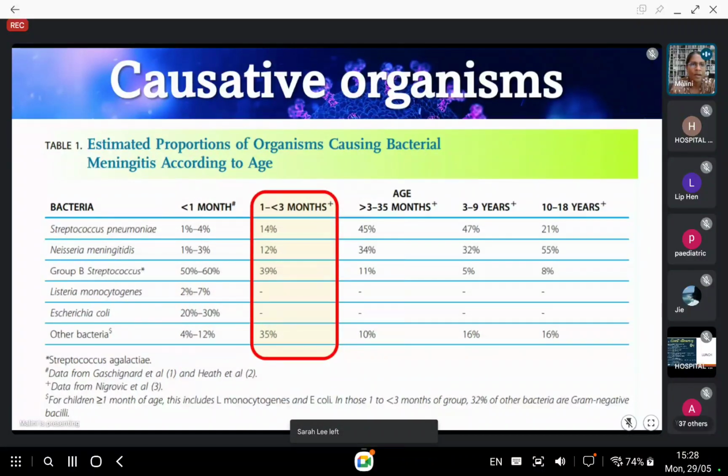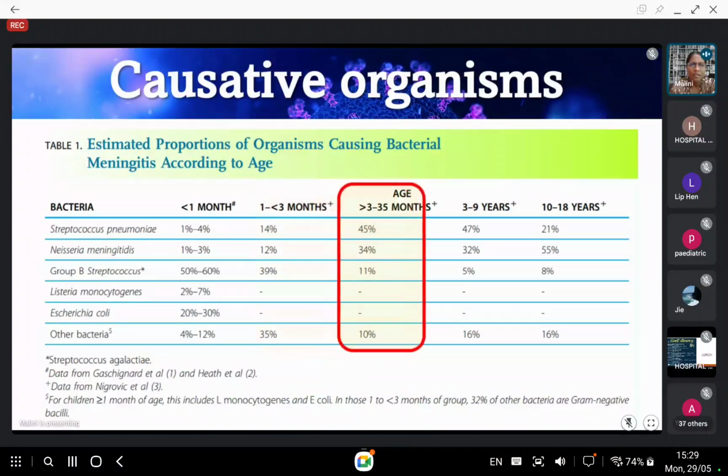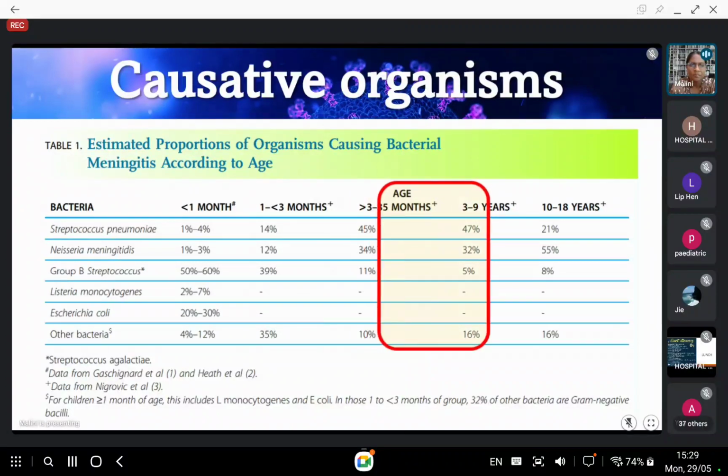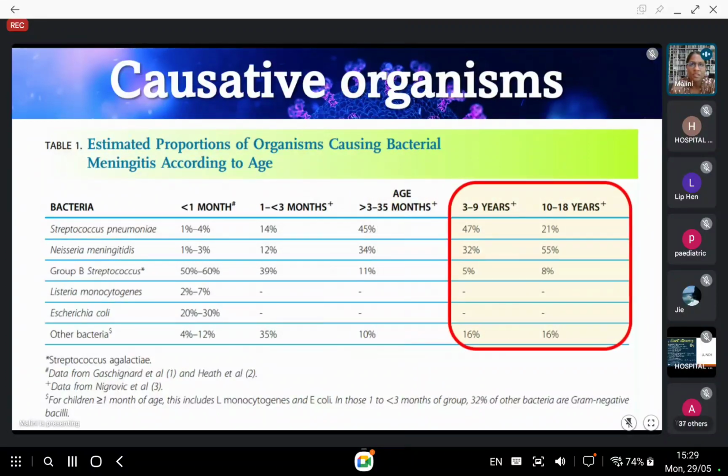Subsequently, when they are out of the neonatal age group and less than 3 months, group B strep and other bacteria are more common. Up to 3 years of age, you see a rising trend of Streptococcus pneumoniae and Neisseria, or meningococcal disease. And in the older age group, it's strep and meningococcal.